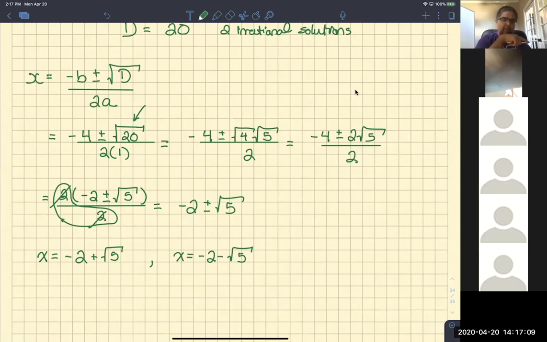Okay. And then once you find what you expect, then you use the quadratic formula to find the actual solutions. It's negative b plus or minus the square root of the discriminant over 2a. Okay. So let's do another one.